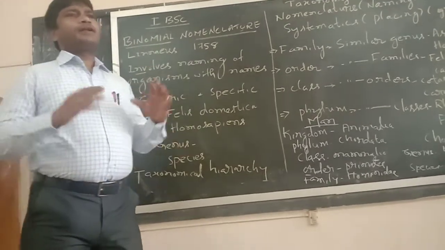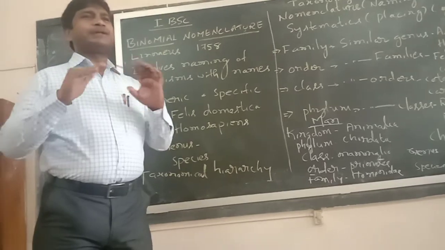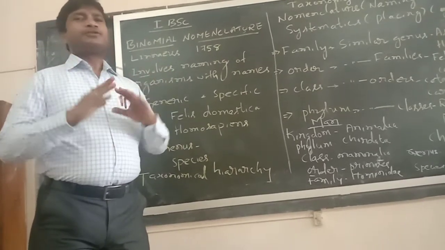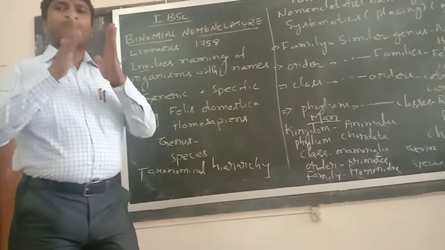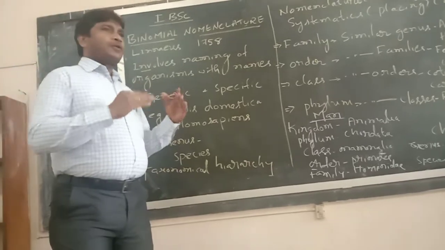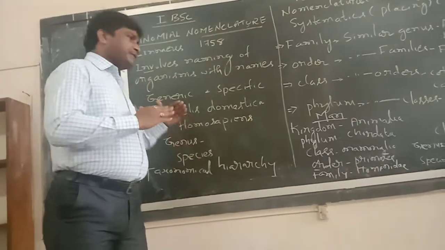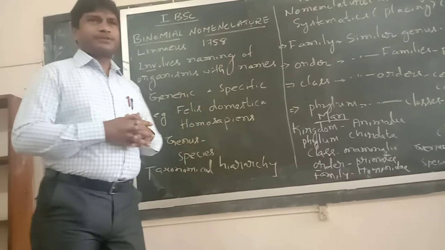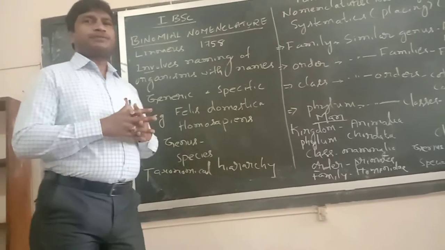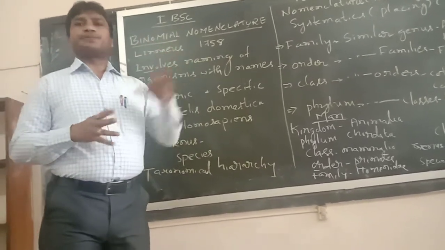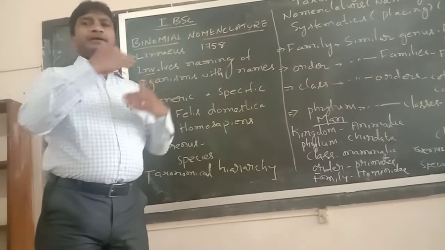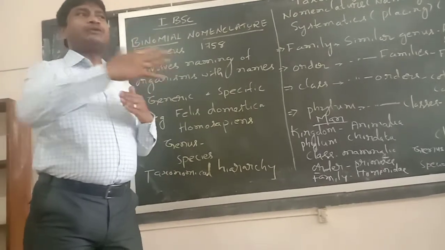Generally, there are some organisms which are similar in some characters, and those organisms are made into one group. Another important aspect of species is that the group of organisms is able to produce fertile offspring, able to continue its own generation.